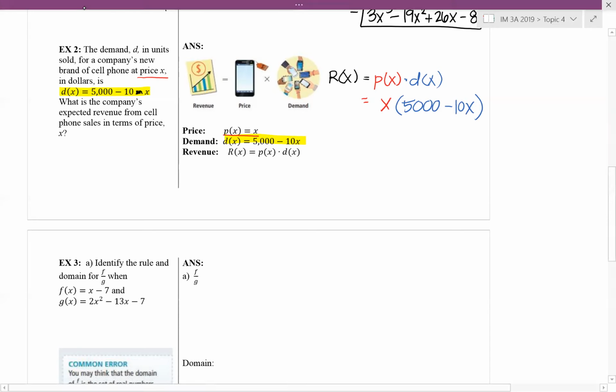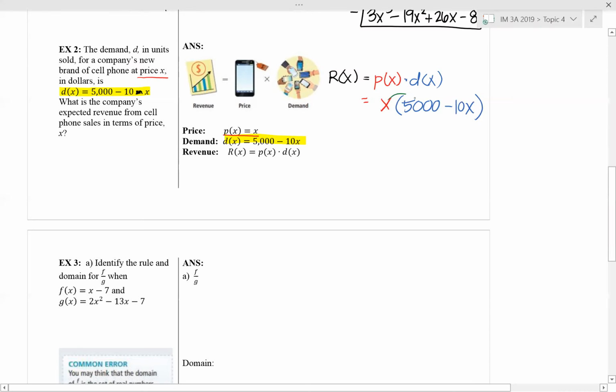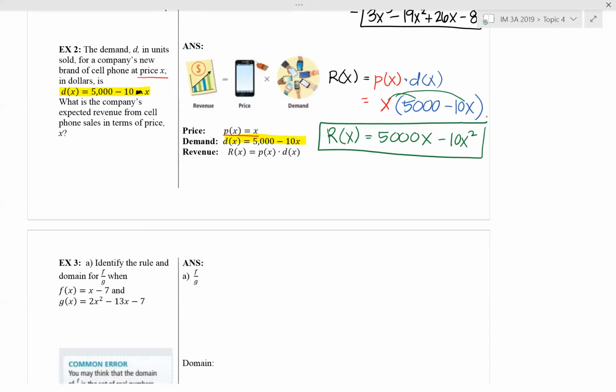And so if we multiply this, really this is just a distribution problem. So we need to distribute the x to both pieces. Then the revenue in relation to the price is 5,000x minus 10x squared. Okay, so that question was just asking us to find revenue by multiplying the price function times the demand function.